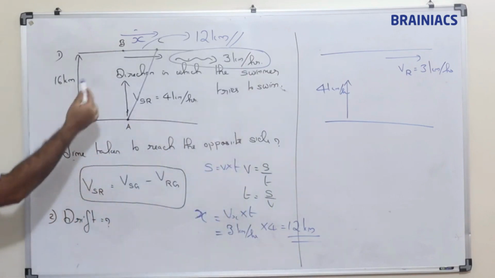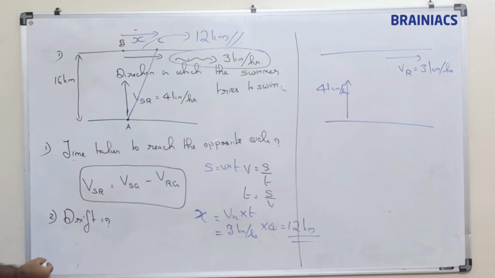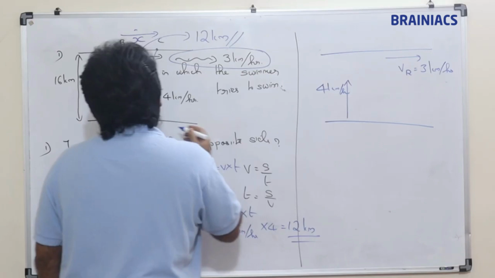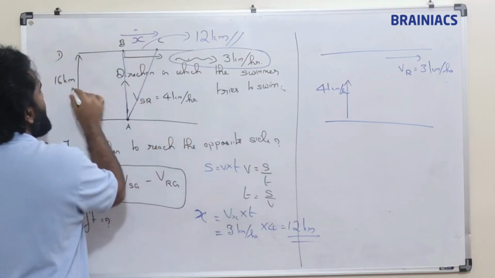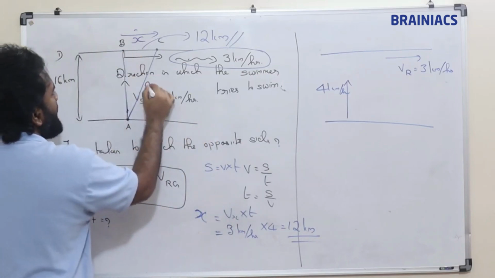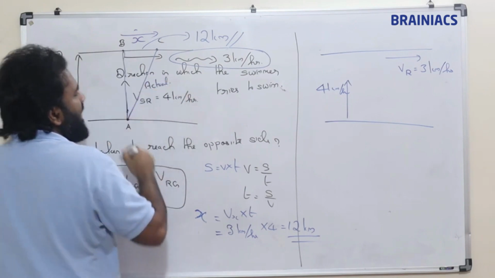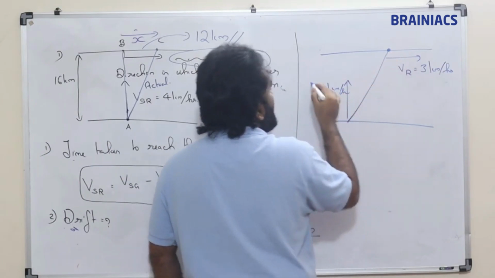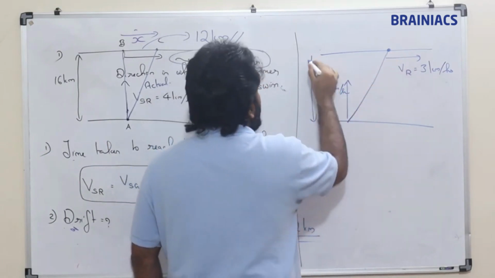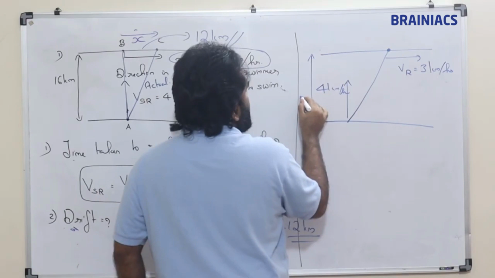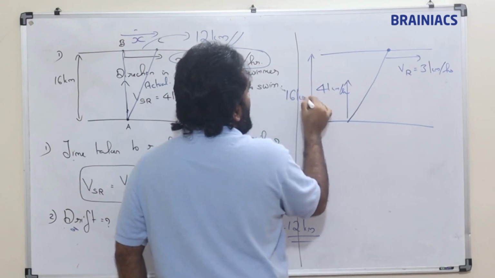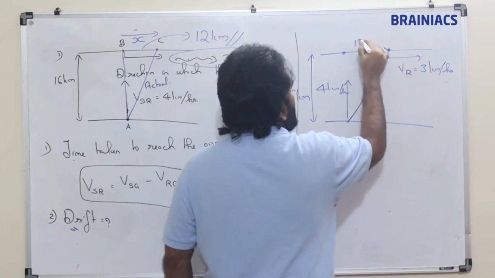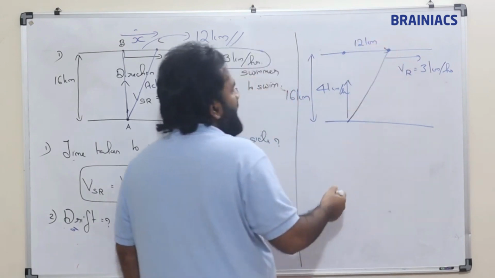First question, time taken to reach the opposite side. This is nothing but drift, where he is actually going to end up. So this distance is 16 kilometer, but this is the actual distance. From here to this is actually 12 kilometer.